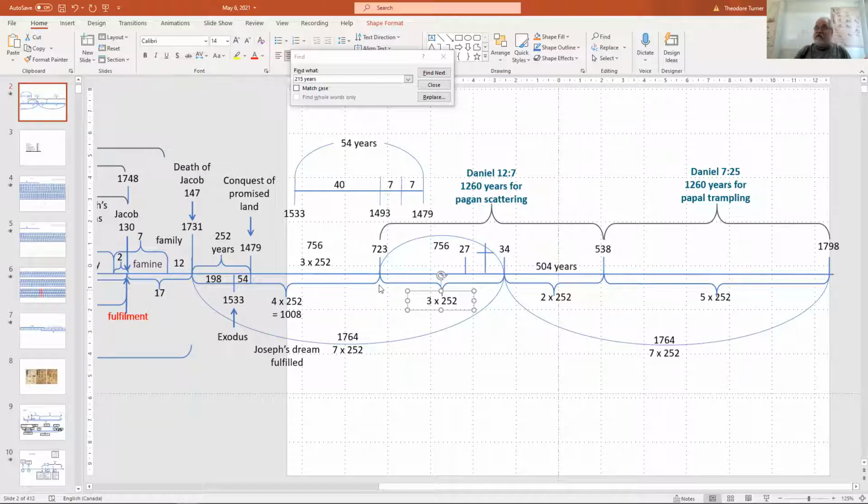And in 723, why does the 2520 captivity for northern Israel begin with the captivity of Hoshea? What's the issue? Why do we have a 2520 scattering?